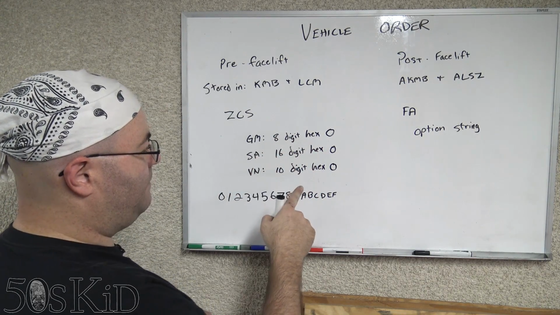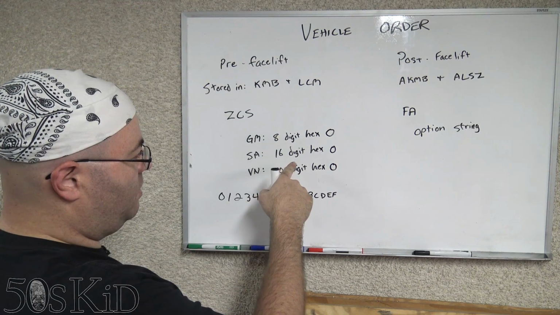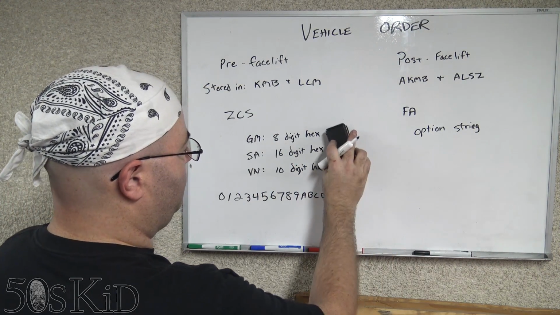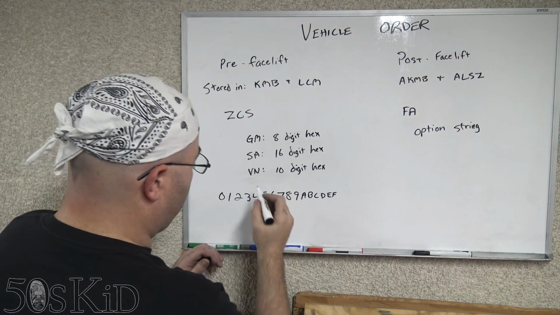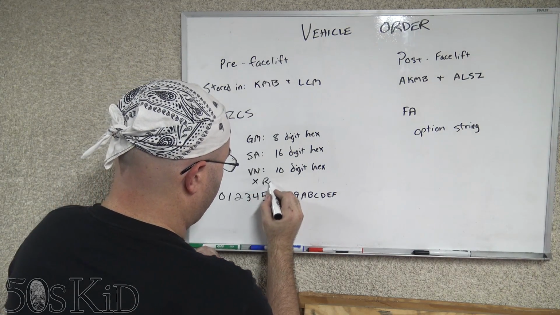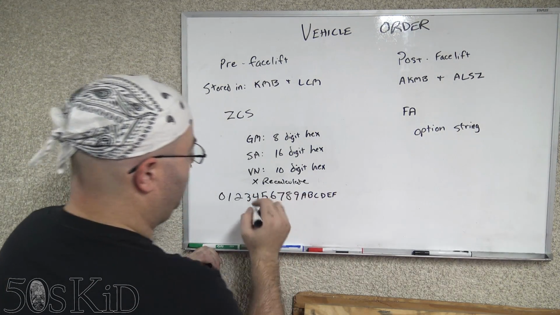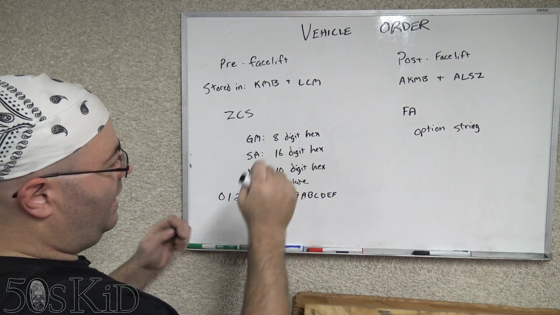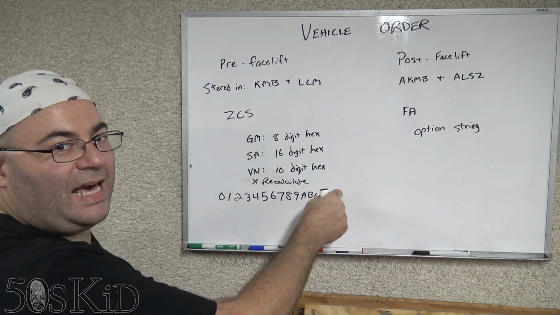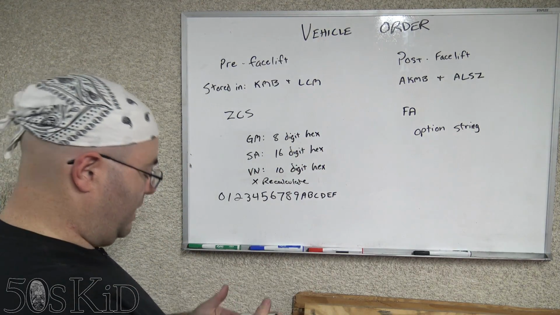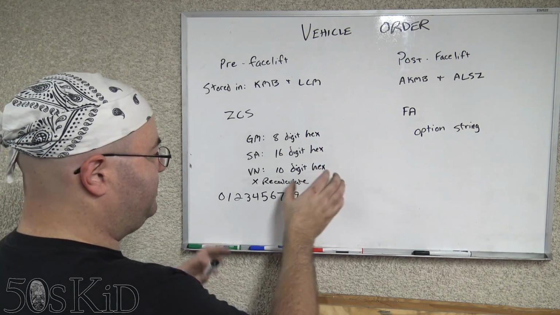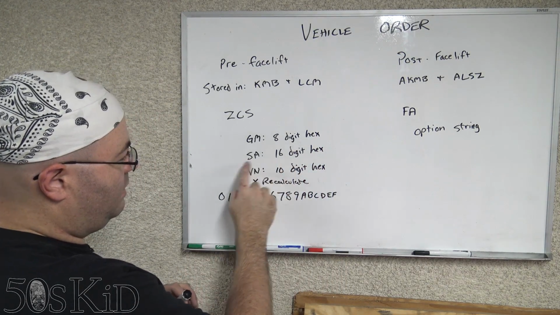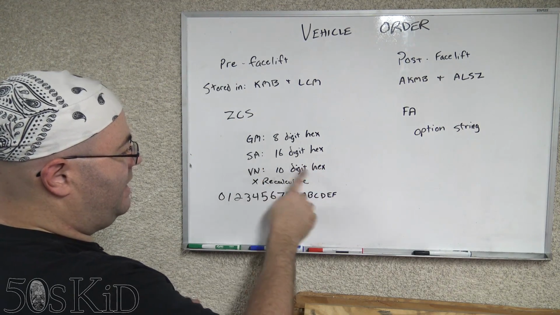When you go to modify these strings in the program, you want to erase the final digit, the checksum. There's a little checkbox saying recalculate, and when you check that and hit OK, it'll automatically add back that final digit. So when we go to modify it, you erase that final digit, and then you want to modify the SA.